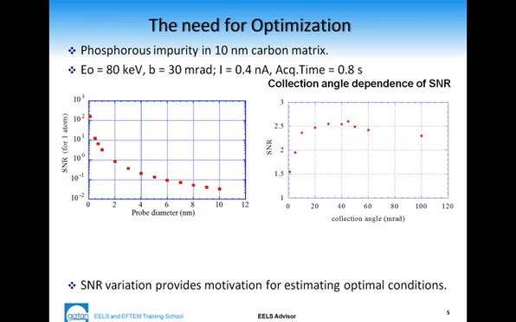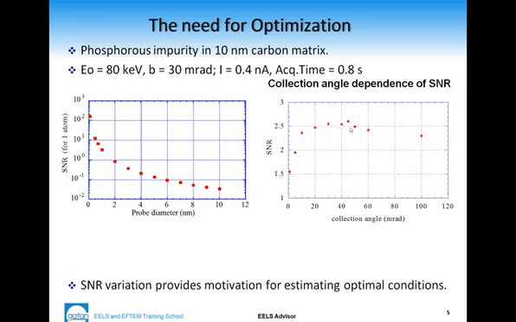What about the dependence of collection angle? Here you can see the signal-to-noise ratio as a function of collection angle for the phosphorus atom. So you can see that at low collection angles, we have a low signal-to-noise ratio, and then it increases so that beyond 20 milliradians, it plateaus.